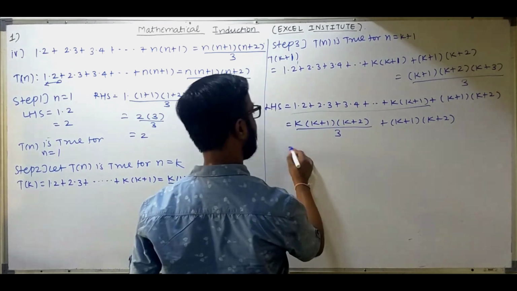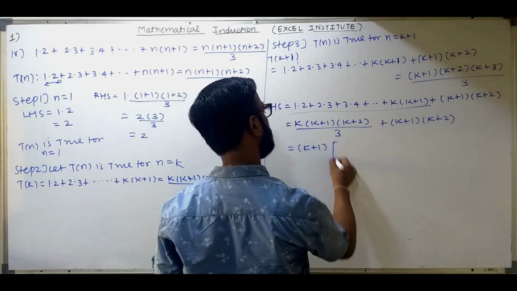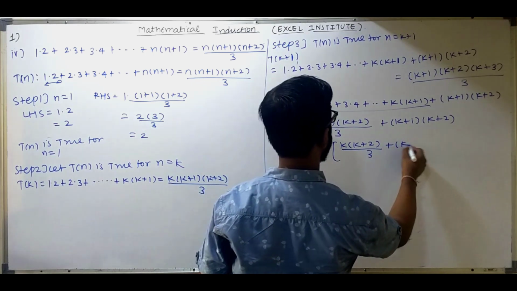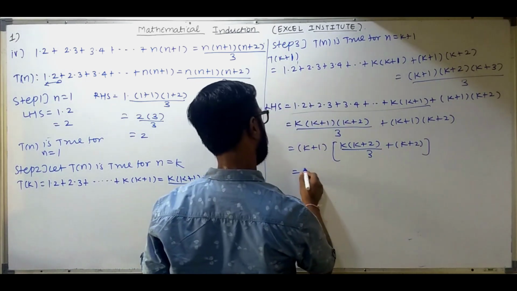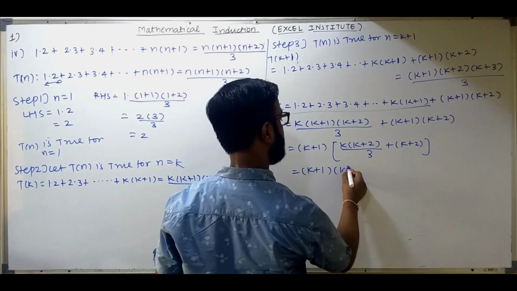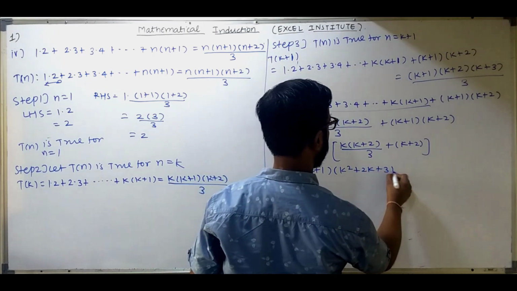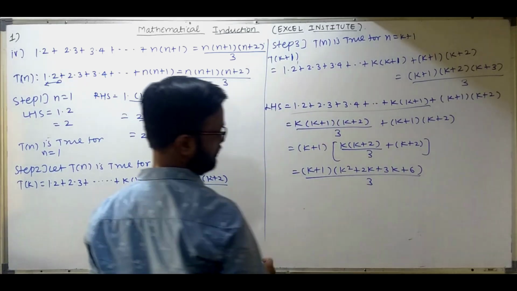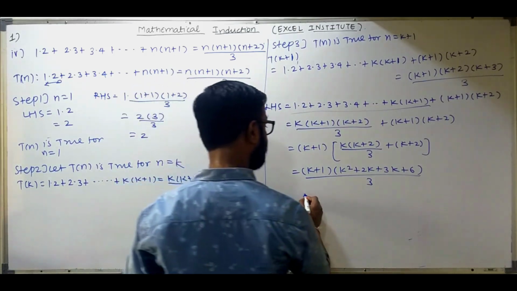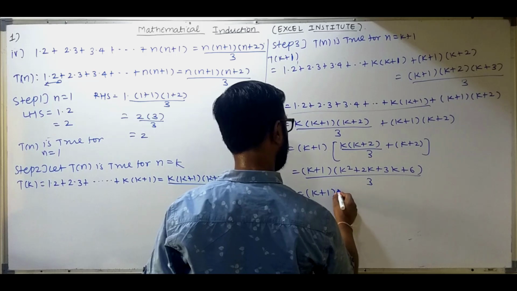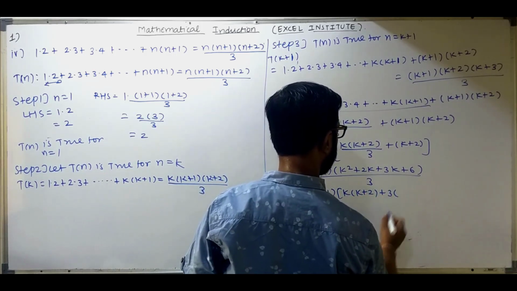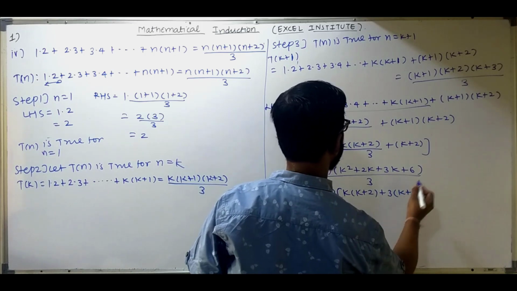So k plus 1 we can take common. What is left is k into k plus 2 by 3, plus k plus 2. So k plus 1 times k square plus 2k plus 3k plus 6 by 3.